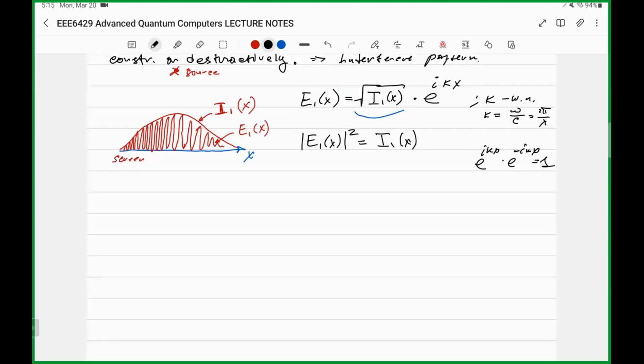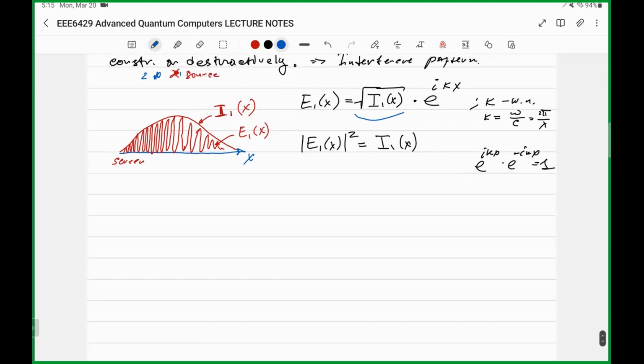So now let's suppose I have another light source somewhere here. It can be the same source, just shifted by some distance. So this is my source 2, and that one is 1. For this light source, I can write basically the same function: the square root of I 2 as a function of x times e to the power of i k x.